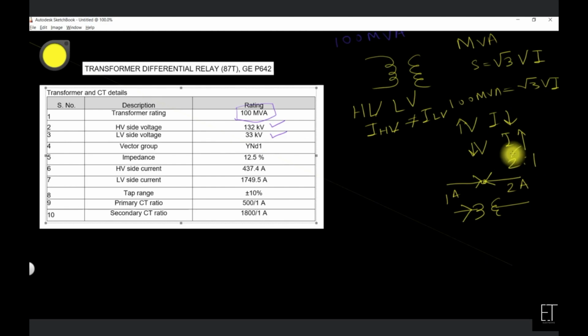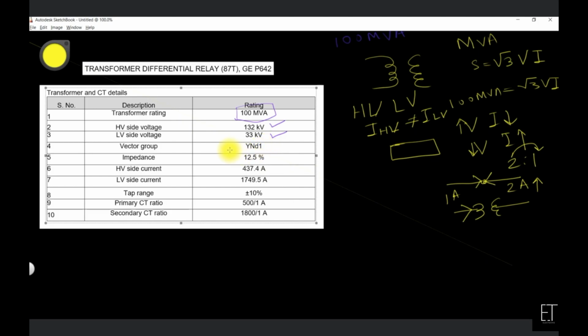So voltage is reduced by 50%, and current is increased by 100%. That's why we need to compensate this difference. In modern numerical relays, you just need to select the vector group correctly in order to compensate this difference of current.